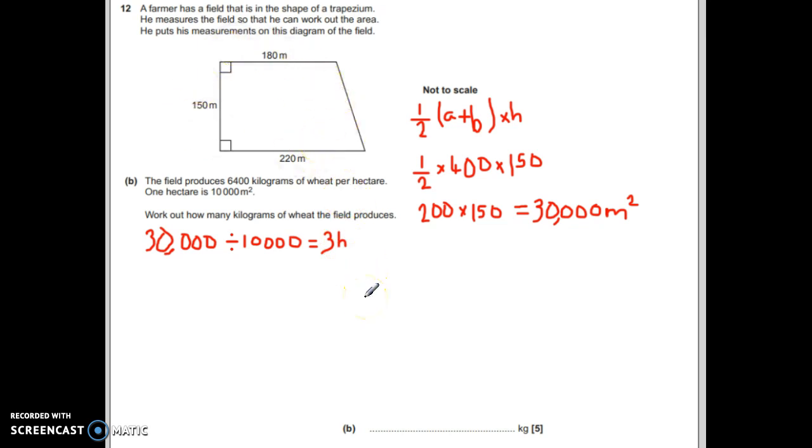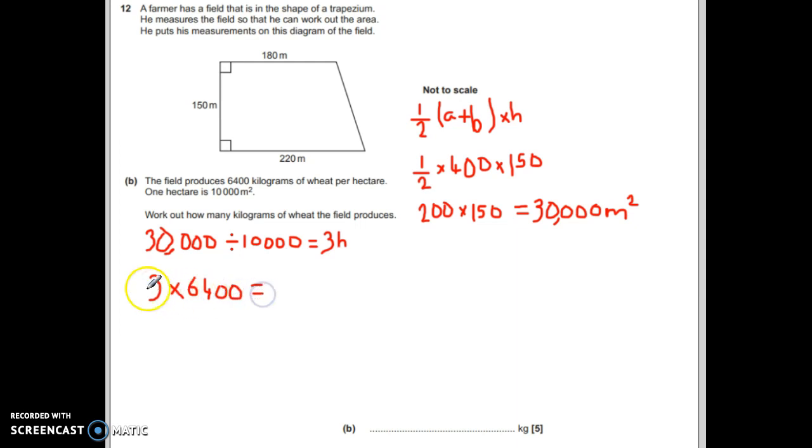So we're almost there. And each hectare produces 6,400 kilograms of wheat. I've got 3 of them, so this time we're going to do 3 times 6,400. Again, this is quite a tricky number just to know off the top of my head.